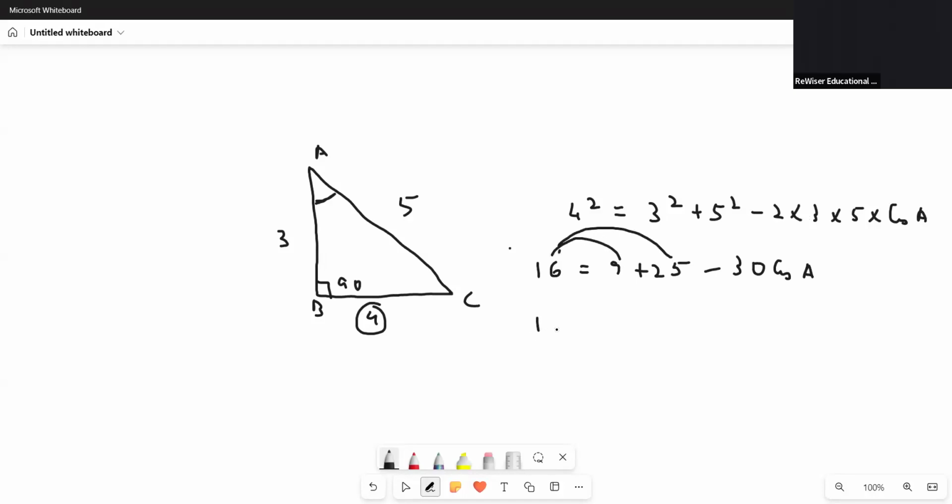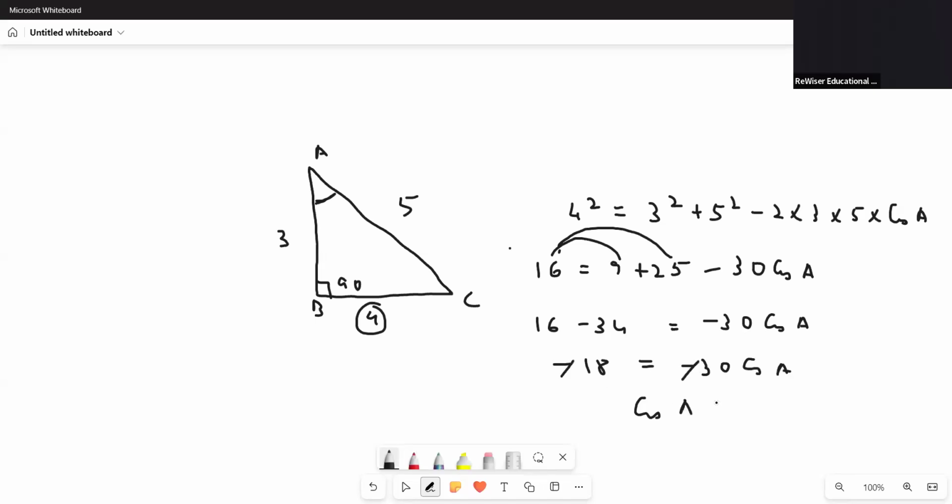So that becomes 16 minus 34, equals minus 30 cos A. That's minus 18 equals minus 30 cos A. So minus gets cancelled from both sides.